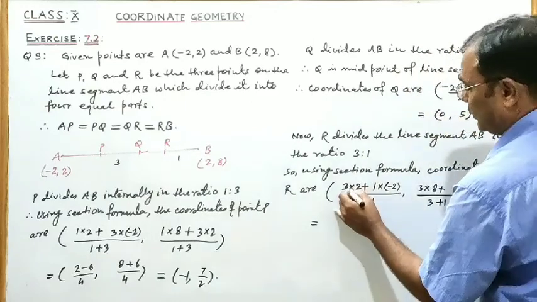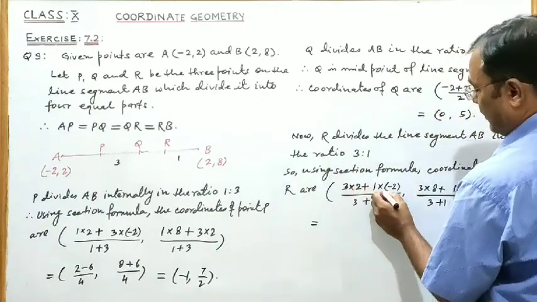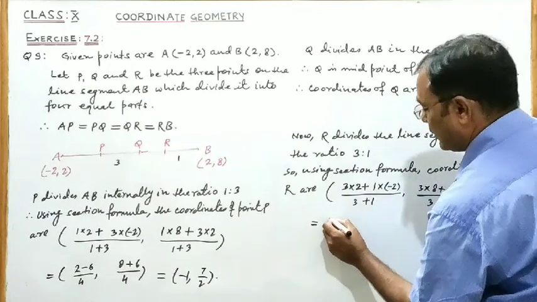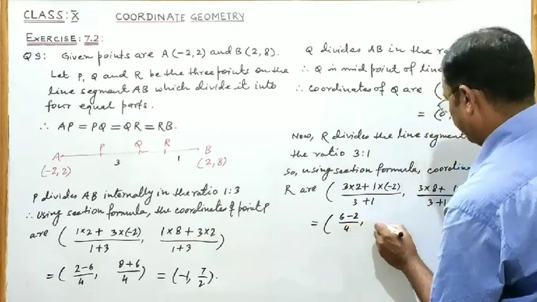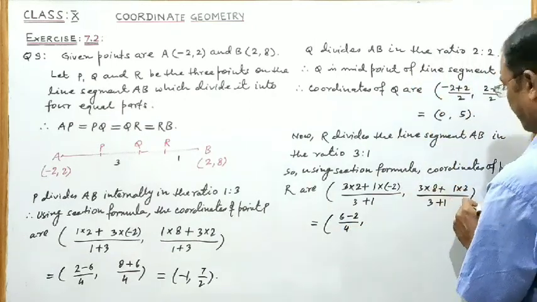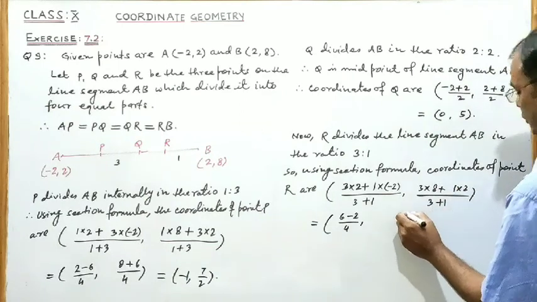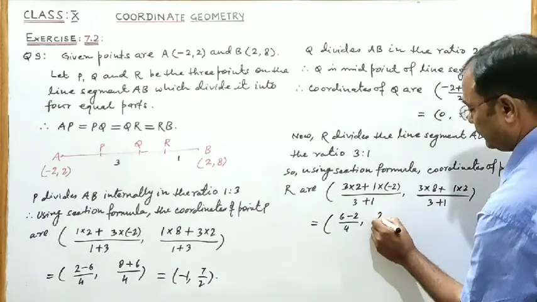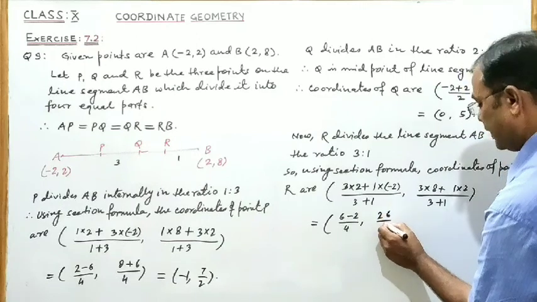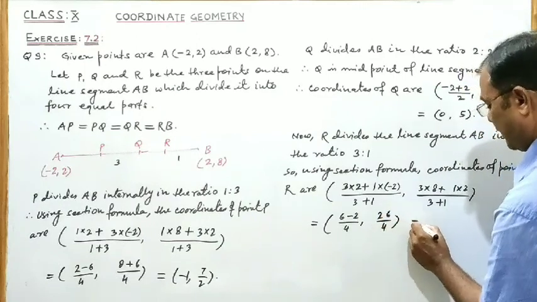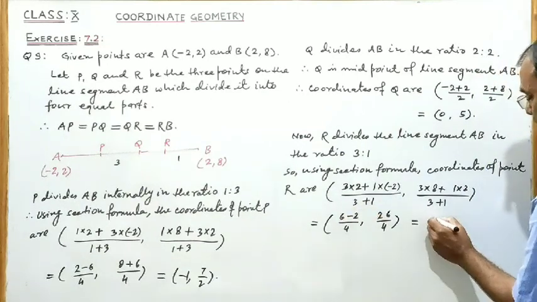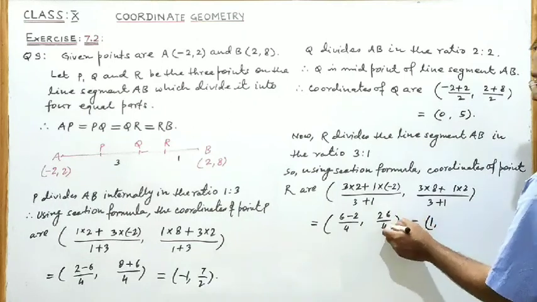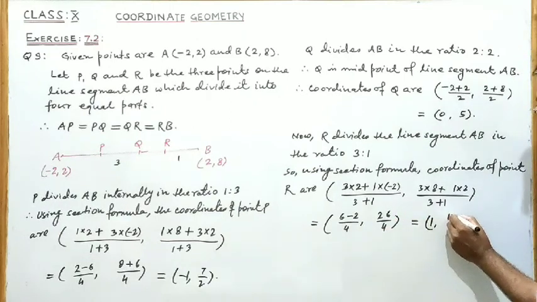This is equal to (6 minus 2) by 4, (24 plus 2) by 4, which is 4 by 4 equal to 1, and 26 by 4 which is 13 by 2.